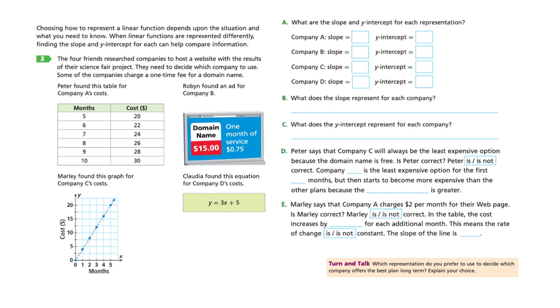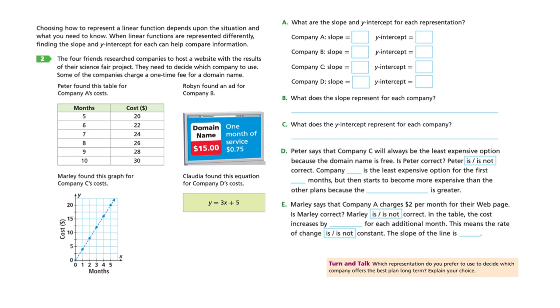So now let's look at this second problem. Choosing how to represent a linear function depends on the situation and what you need to know. When linear functions are represented differently, finding the slope and y-intercept for each can help compare information. So here the 4 friends researched companies to host a website with the results of their science fair project. They need to decide which company to use.